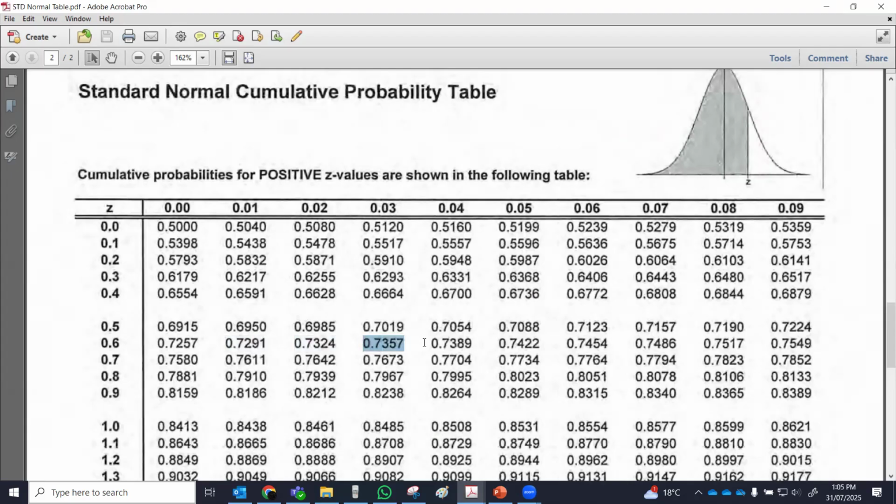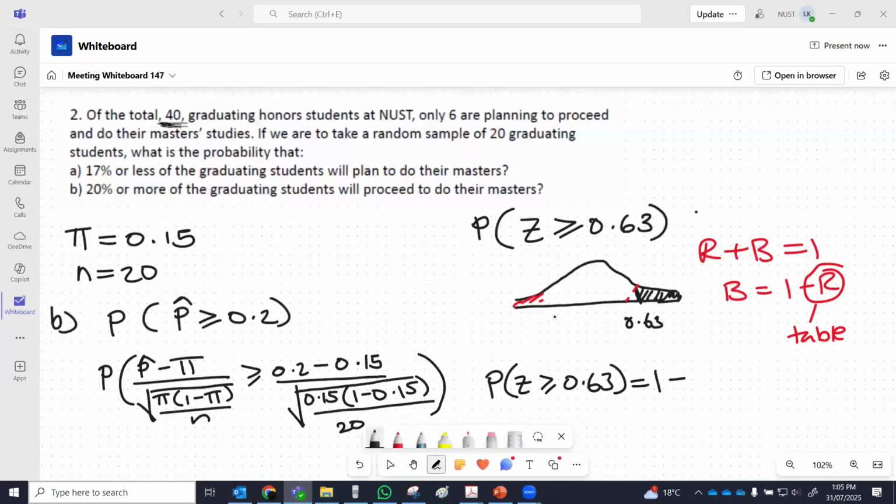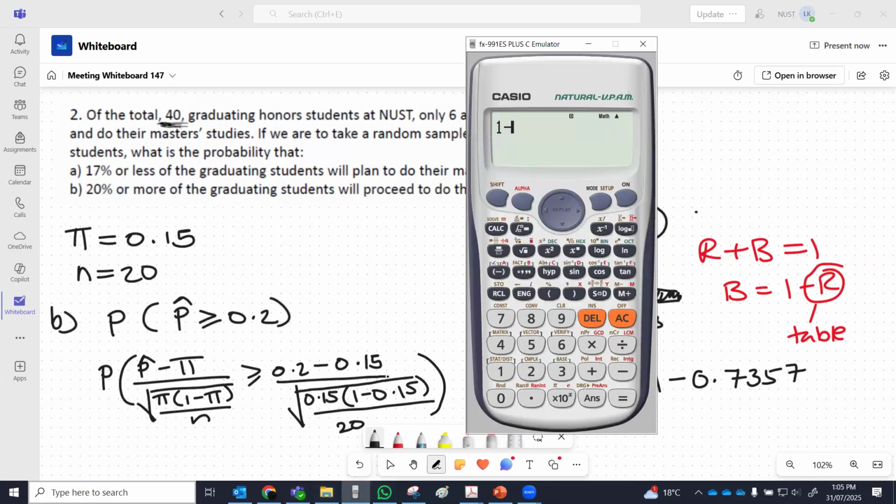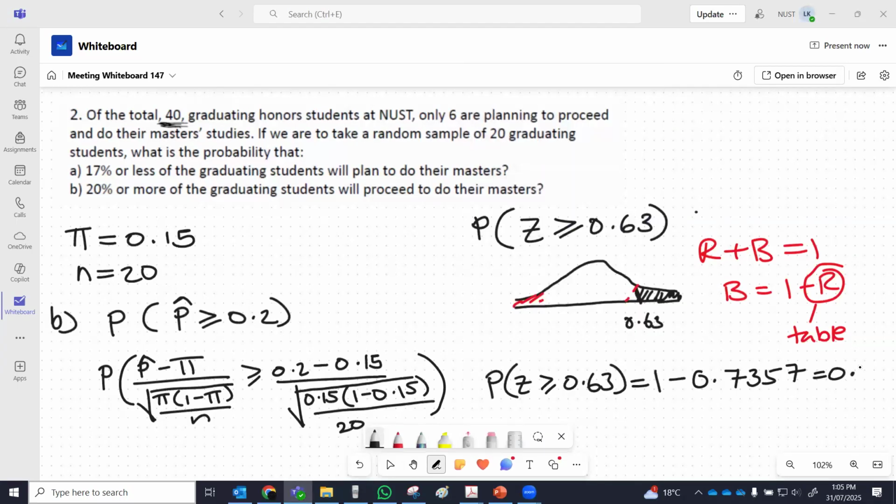So it's 0.7357. 1 minus 0.7357. So go to our calculators. And this gives us 0.2643. Okay, so that is our probability.